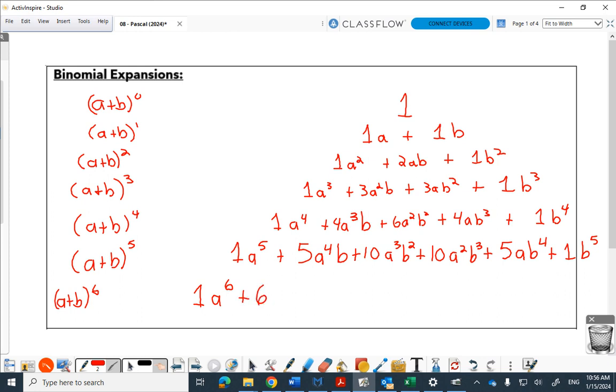And the a's start reducing in power. The b's start increasing in power. So this is now a 5th with a b. Now, is there somebody who can just whip them off just that quickly now that we're that far?